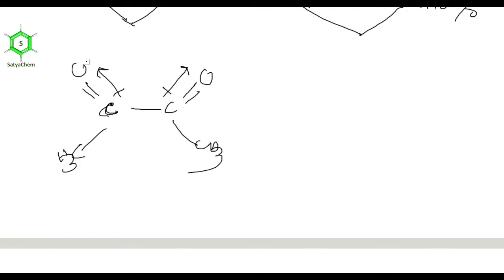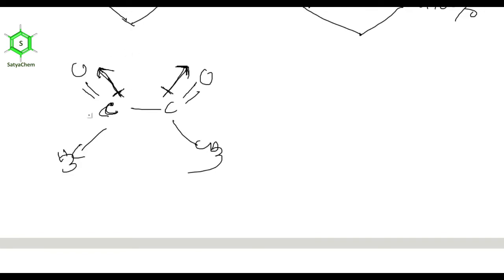Oxygen is electronegative, so here we have two dipoles, and obviously dipolar repulsion is present.